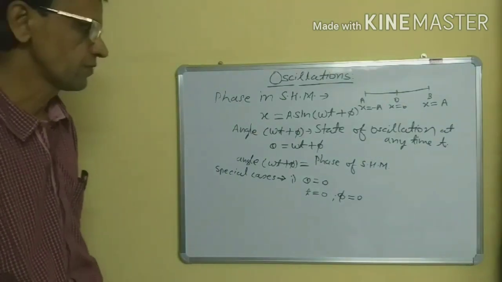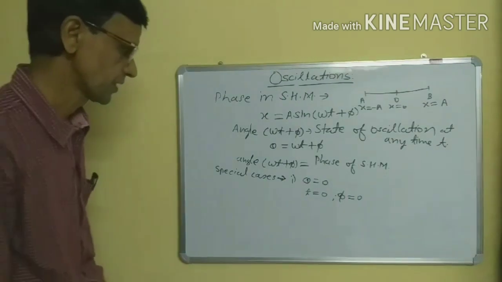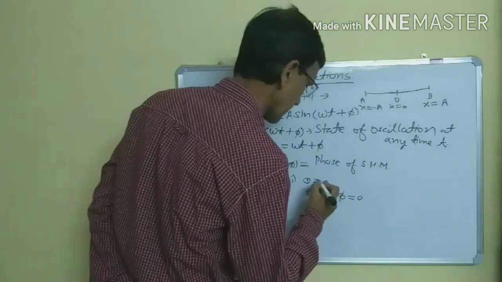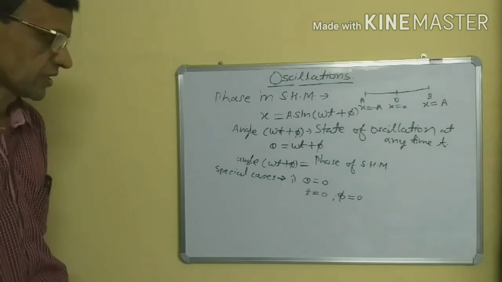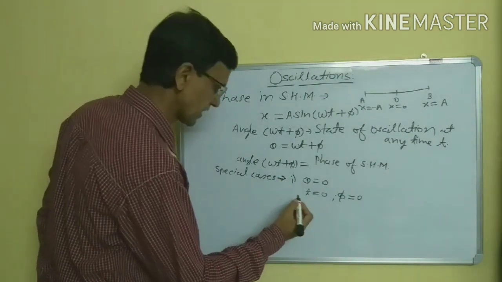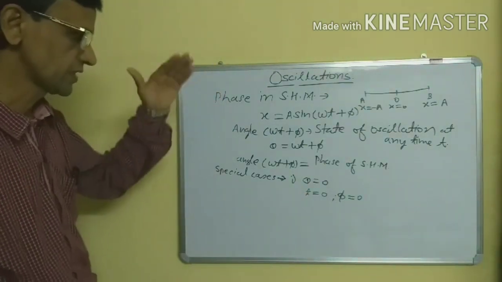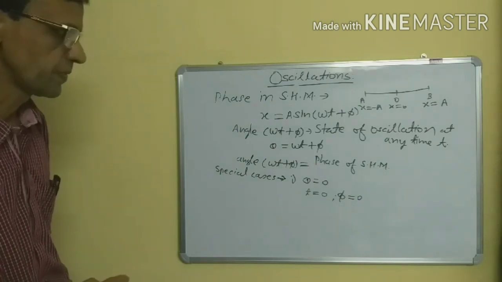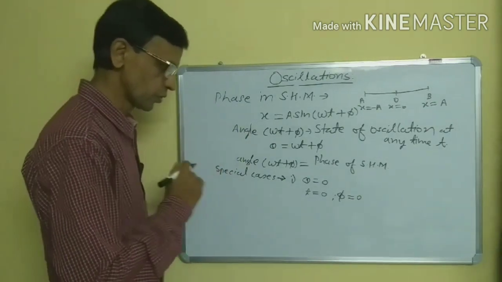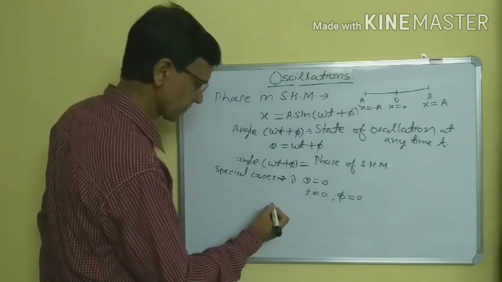So the particle will be at the mean position, or starting position of the oscillation. That is the first case, in which the angle is 0. If we consider the oscillation along the y-axis, then the particle will be at the origin along the x-axis. So that is case 1.